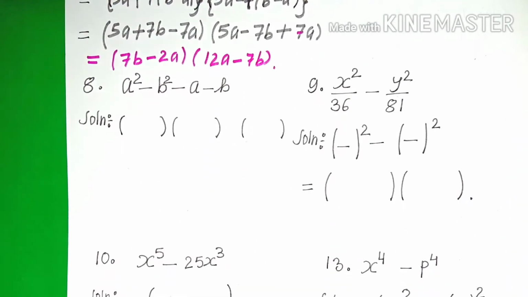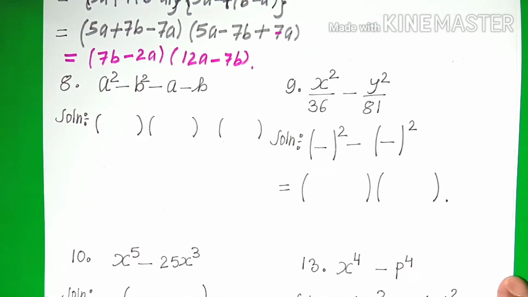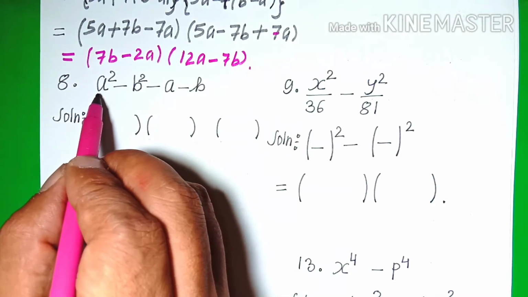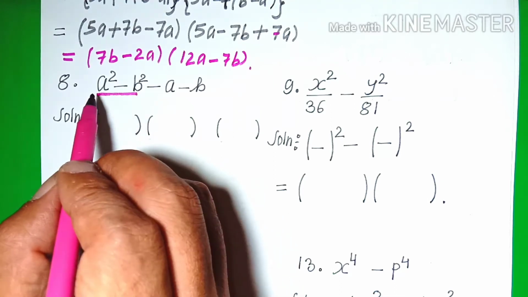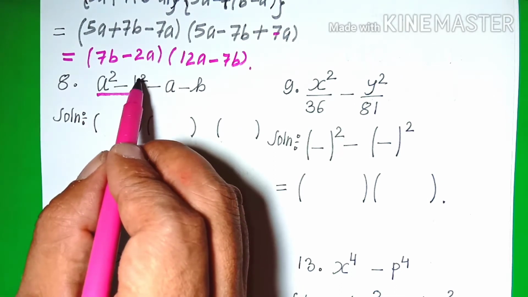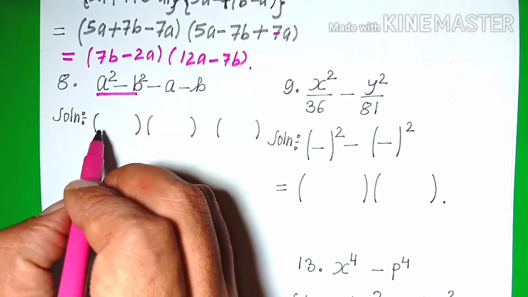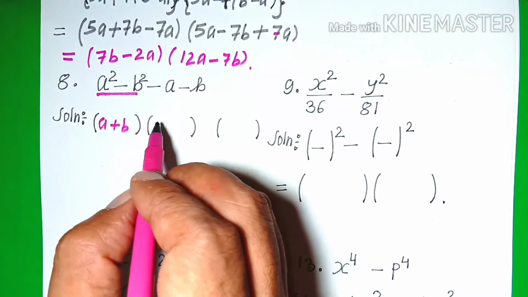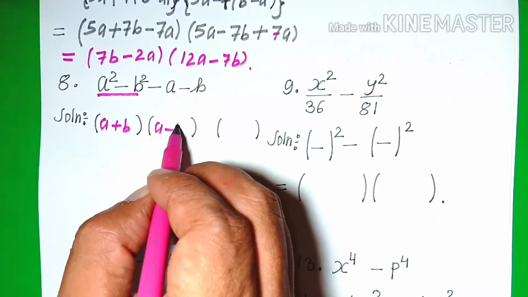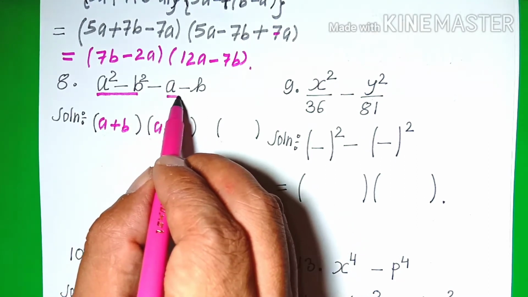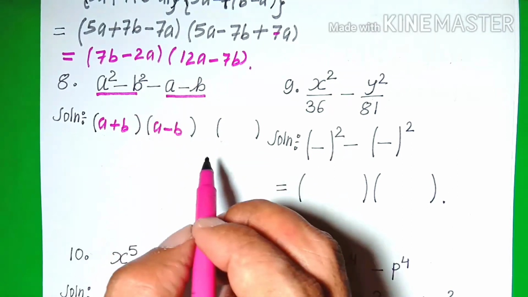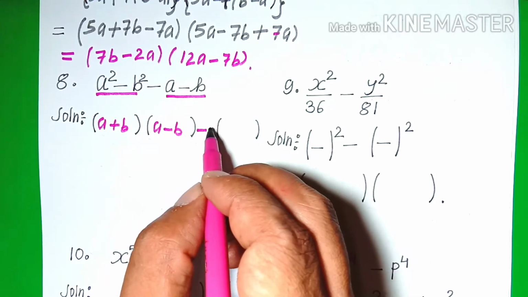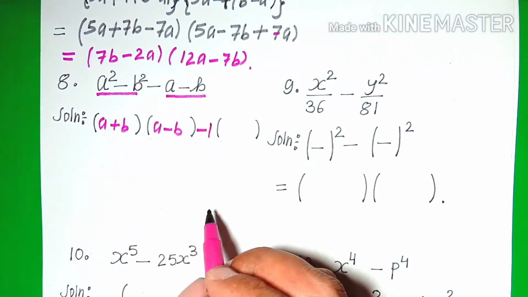Now the next one, you'll have to use the same formula, the difference of two squares. Now we can see clearly the first two terms are already given as a square minus b square, and we know that a square minus b square equals a plus b times a minus b. Now the last two terms, you'll have to take negative common. Here nothing is common, we consider the highest common factor to be 1.